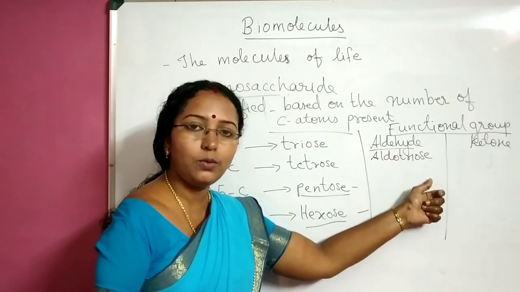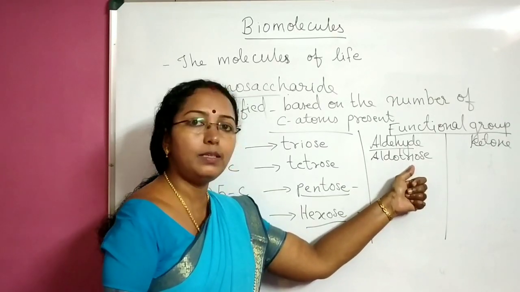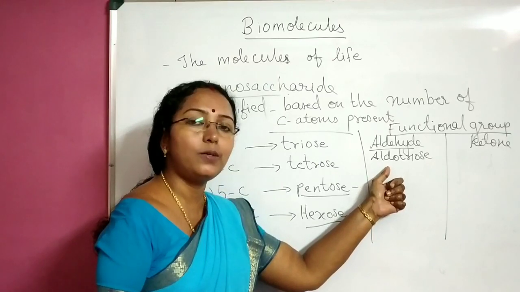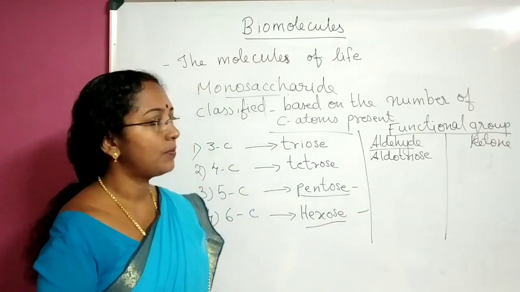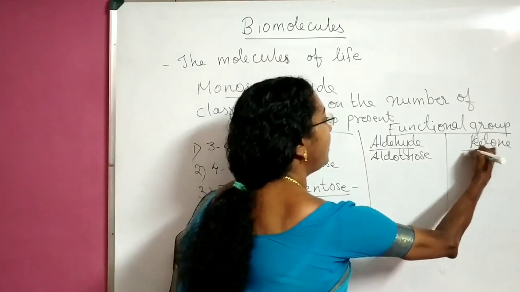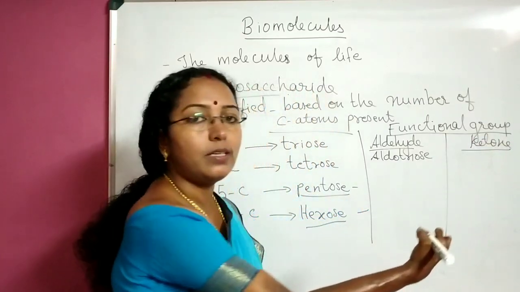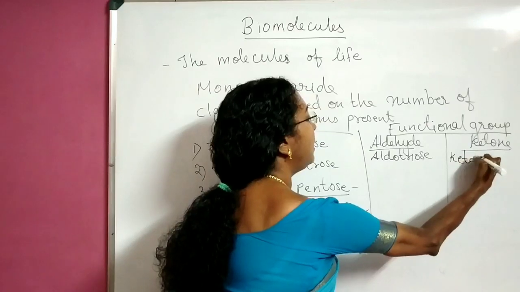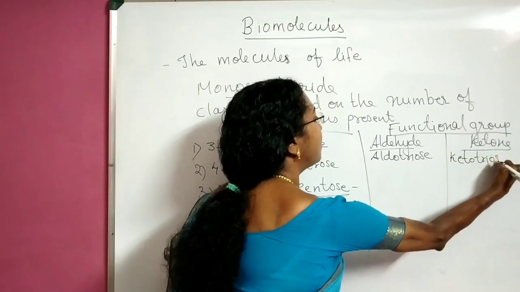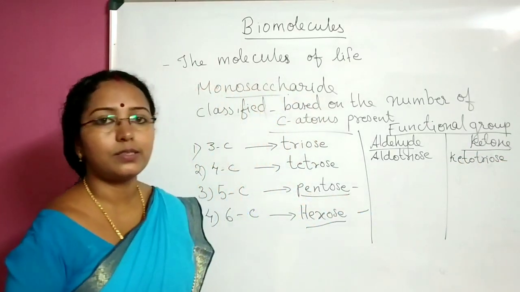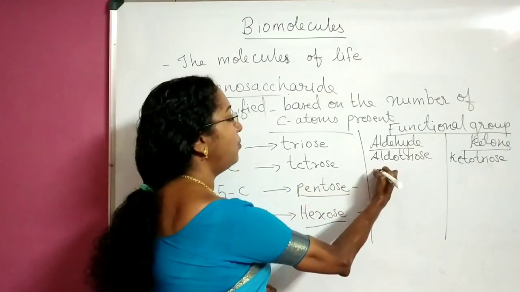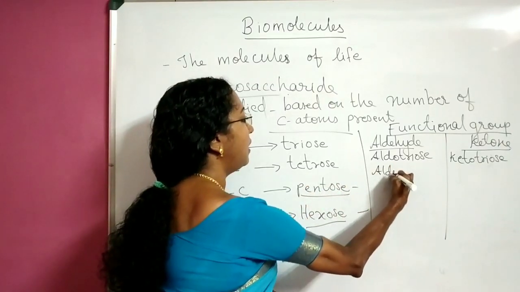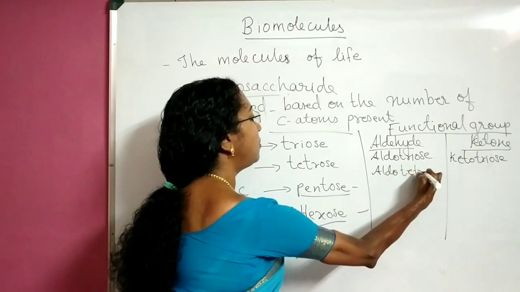So it is a sugar molecule having 3 carbons and it is having the functional group aldehyde. Similarly, if it is a 3 carbon sugar with ketone as a functional group, you will call it ketotriose. Similarly, with 4 carbons, you call it aldotetrose.